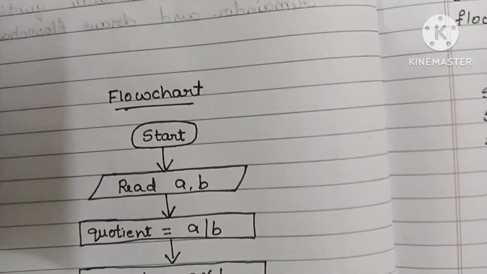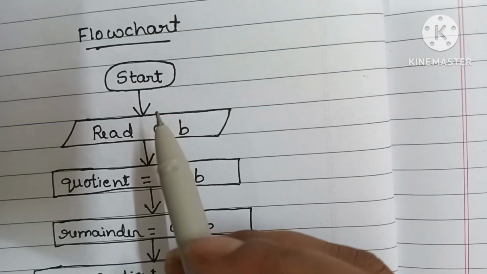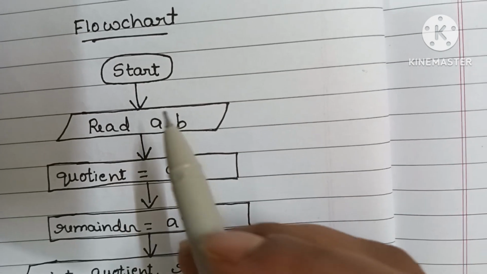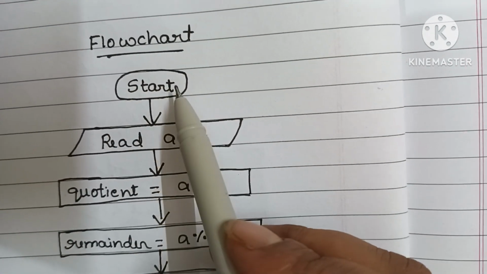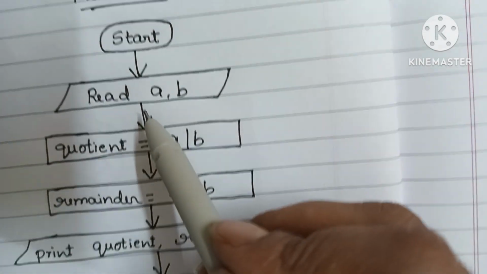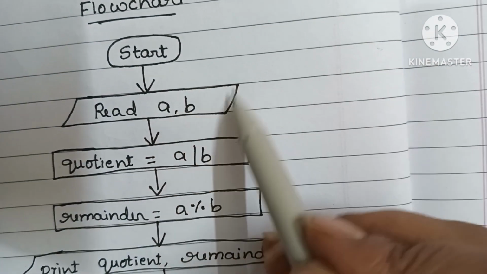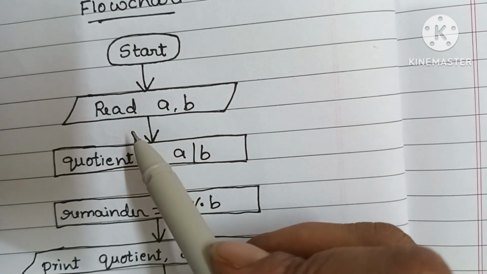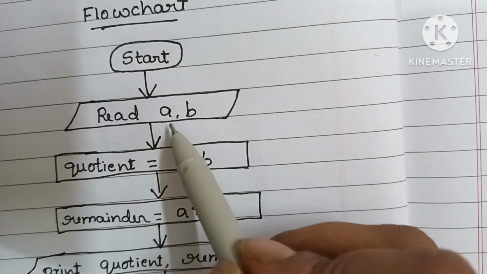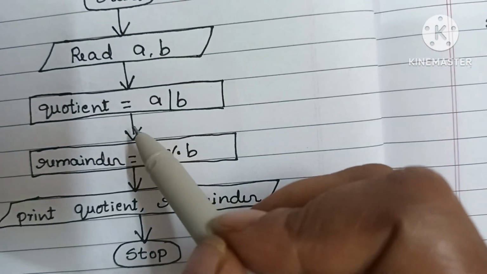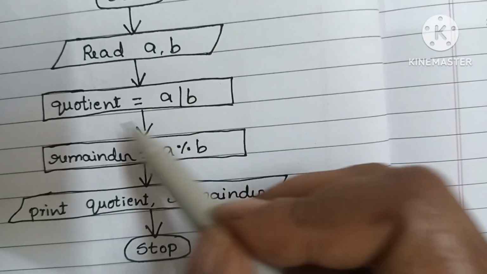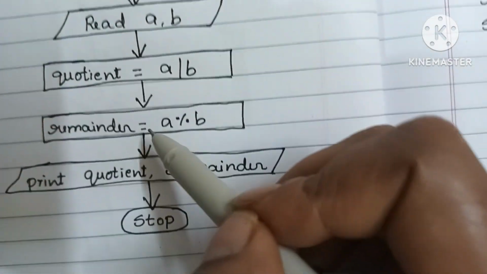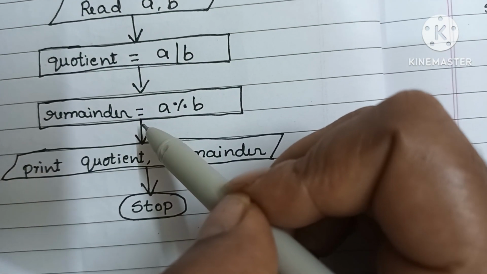So guys, this is the flowchart to calculate the quotient and remainder of two numbers. It starts with the start statement, written within an oval shape. Next we read two values. Input values are written within a parallelogram shape. Within that we read a, comma, b. Next we calculate quotient is equal to a divided by b. Calculation is done within a rectangular shape. Next we calculate the remainder.